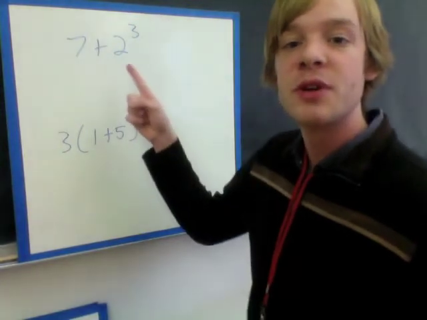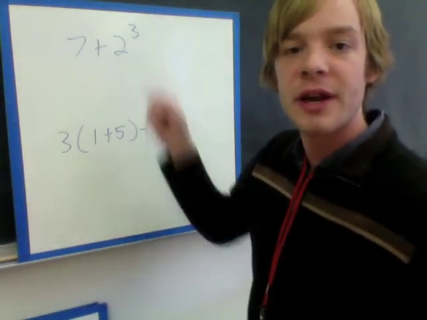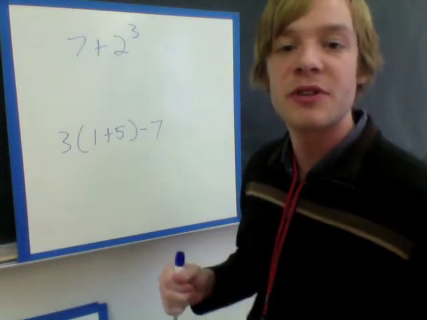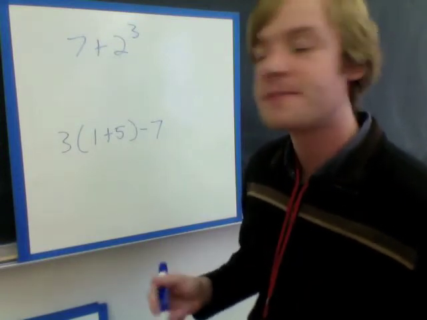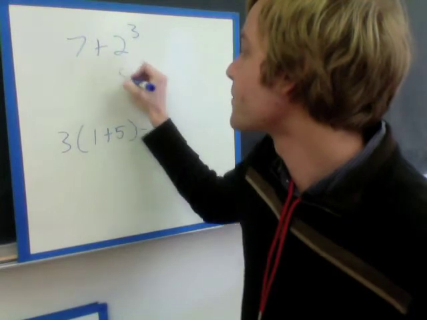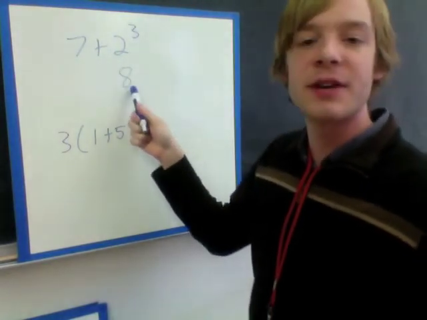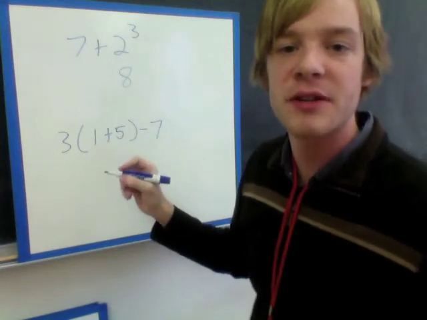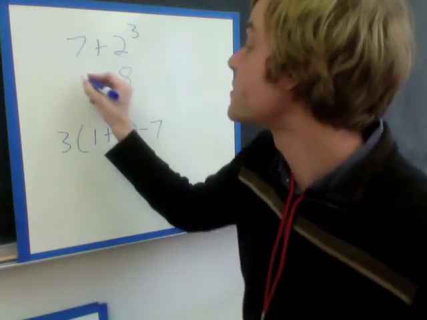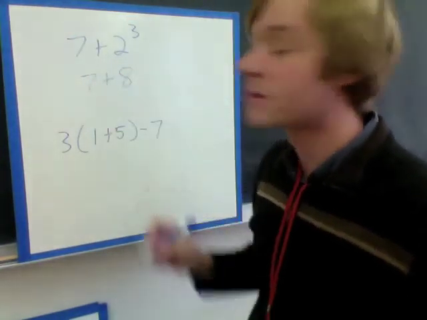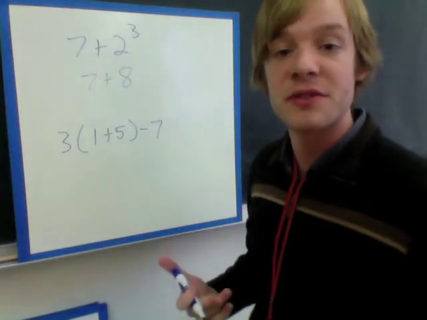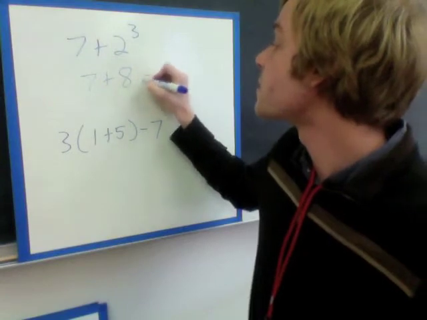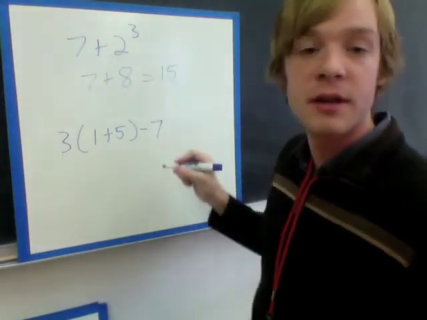Well, we have 2 to the power of 3, and that's the same thing as 2 times 2 times 2, and if we do that in your calculator, you should get 8. So we get 8 here for this part, and we're just going to bring this 7 down. We haven't changed anything with that yet, so now we have 7 plus 8. And all we have to do is add those together, and that gives us 15. And this is our answer.